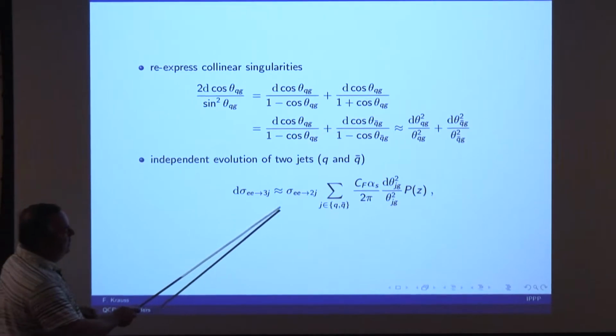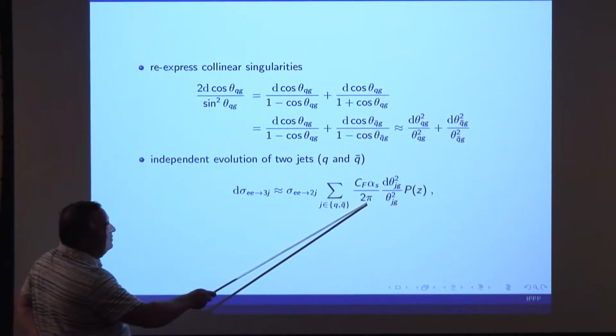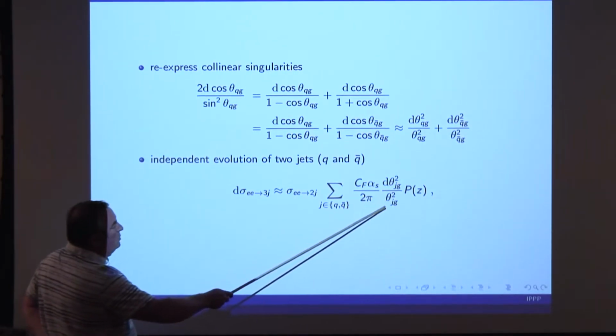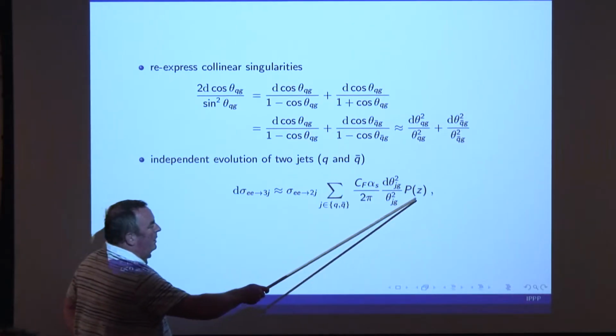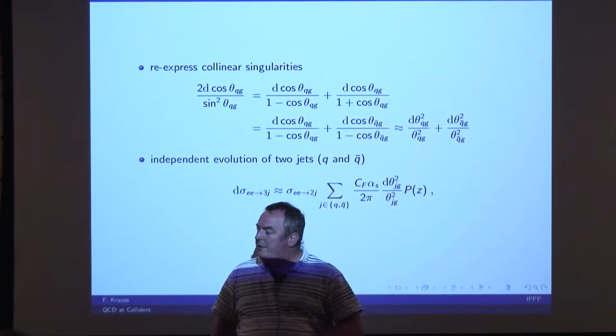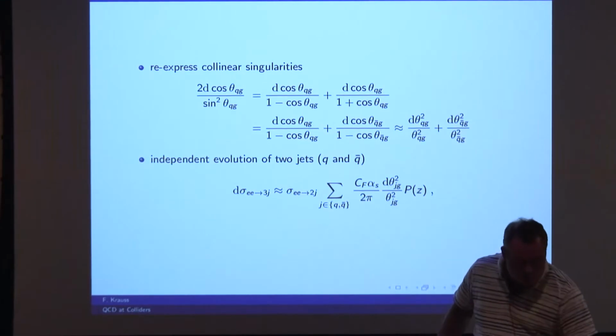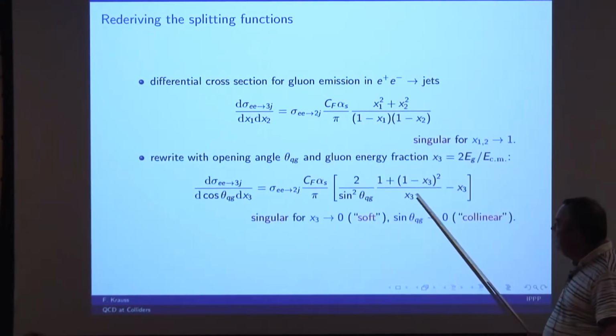And then I can write it as C_F alpha_S over 2 pi, d theta squared over theta squared, splitting function. Now, do we know what the splitting function looks like? Yeah, sure as hell we do. We just look into this thing here.